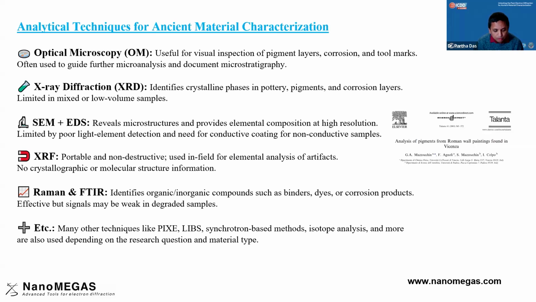And finally, depending on the case study, you can use other techniques like synchrotron-based techniques and isotope analysis, all depending on the particular research question you are looking for. I would suggest that combining all these techniques is very useful when you are analyzing complex materials.